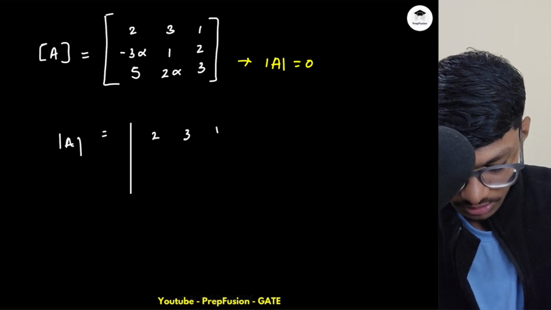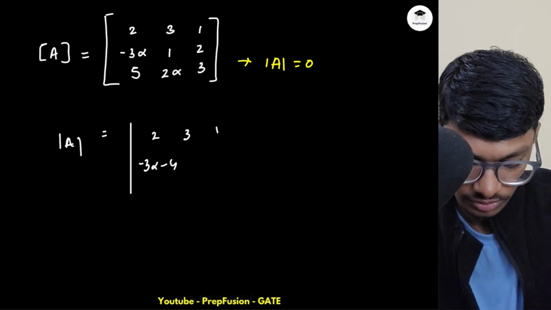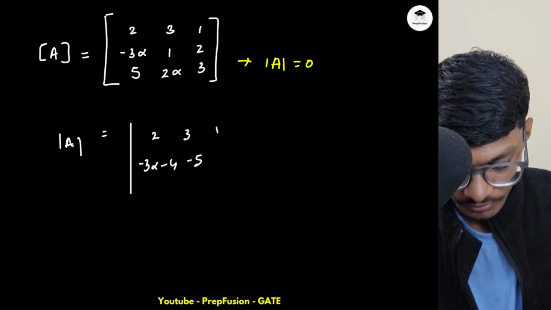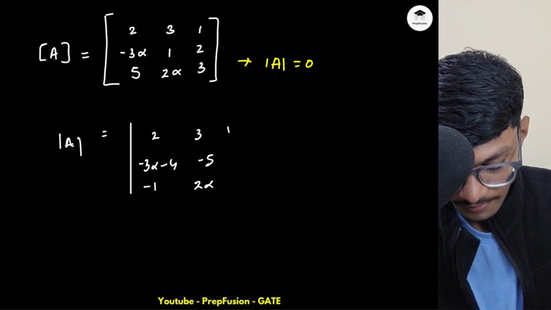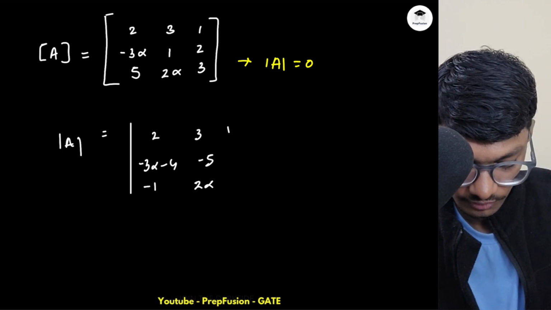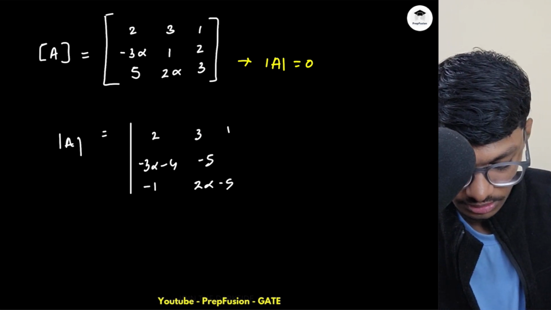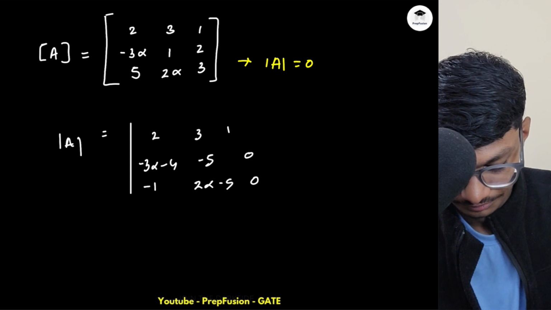So what I will do is 3 alpha minus 4, this is 2 times, so minus 5, and this will be 3 times subtract, so this will be minus 1, and this will be 2 alpha minus 9, this is 0, this is 0.